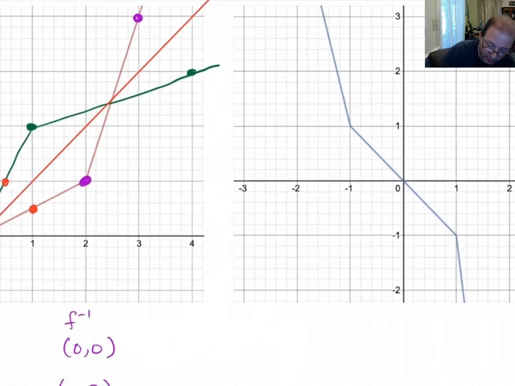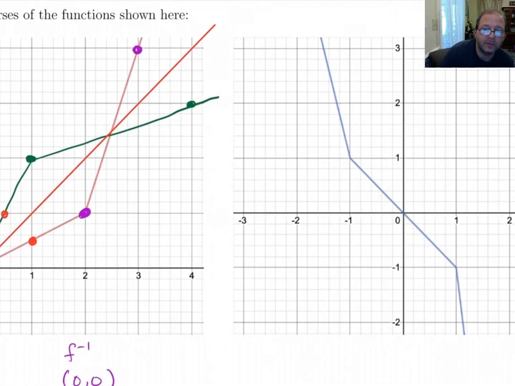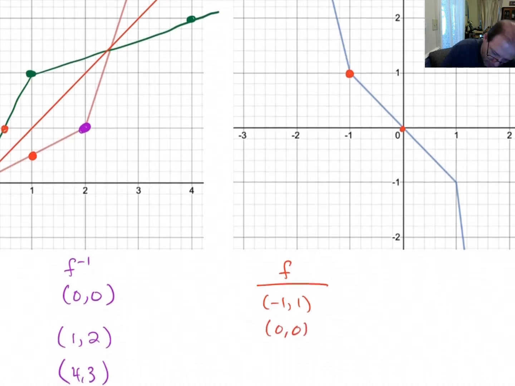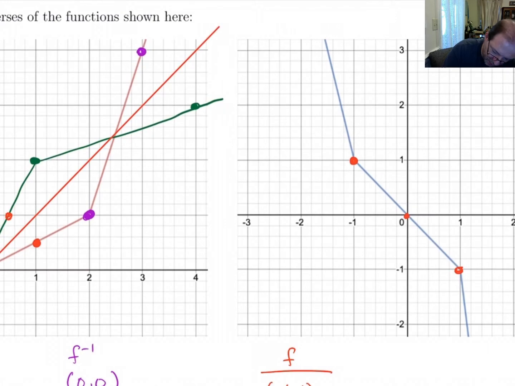So we can do the same thing over here on this other function. If you look at this, the original has the point (-1, 1), (0, 0), (1, -1), and I guess we need a few more. Let's go with this point here. That's (-1.5, 3).